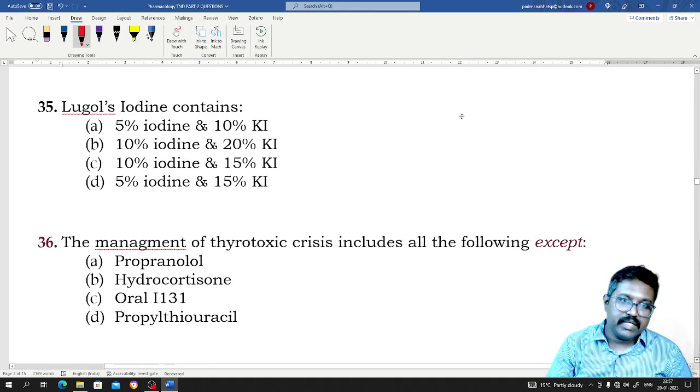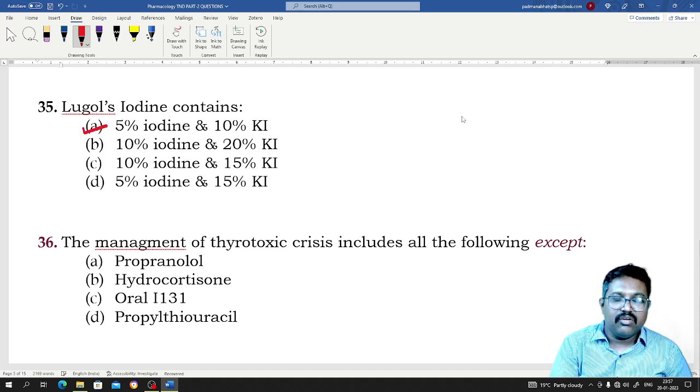So what is Lugol's iodine? What it contains? So basically the first option is correct, 5% iodine and 10% potassium iodide. So they also belong to the class of thyroid constipating agent.